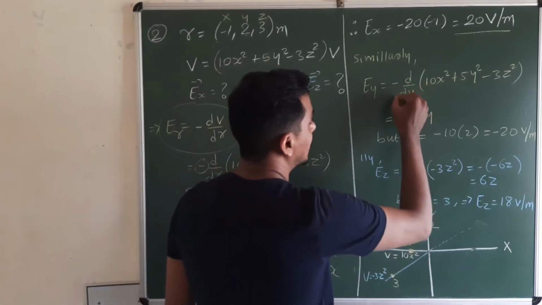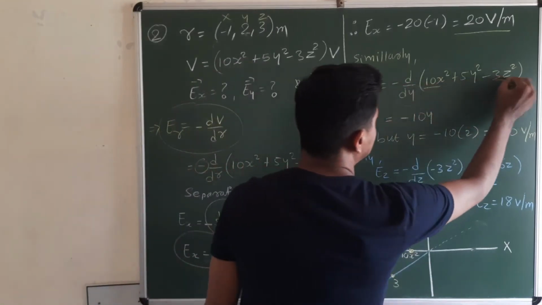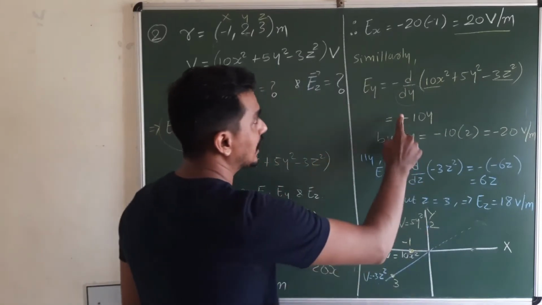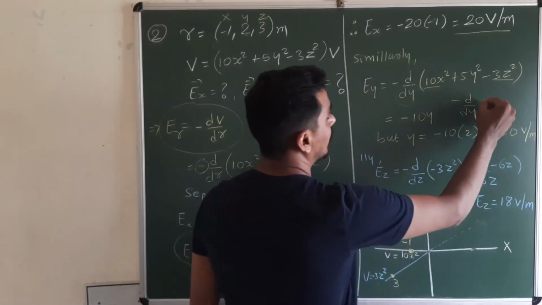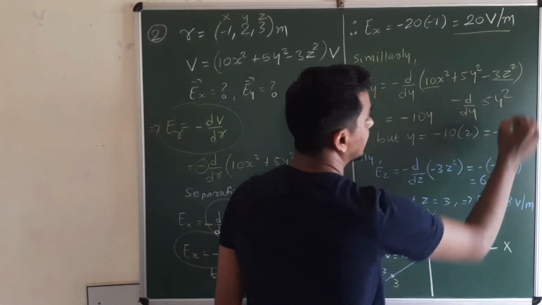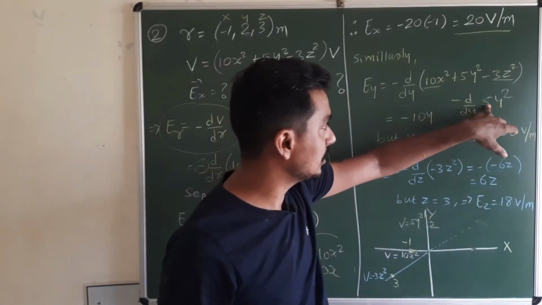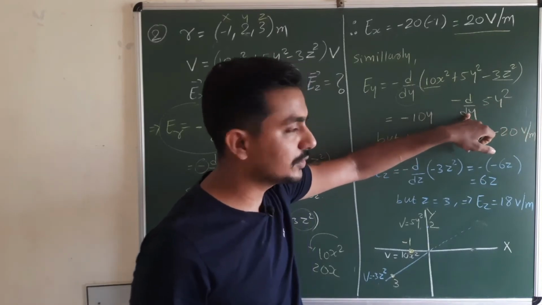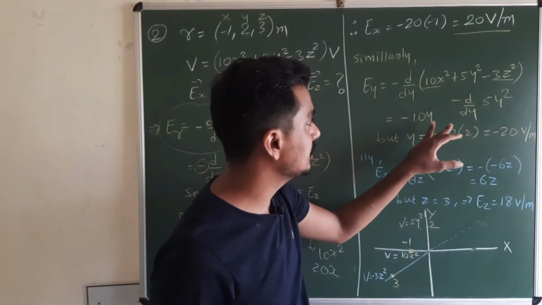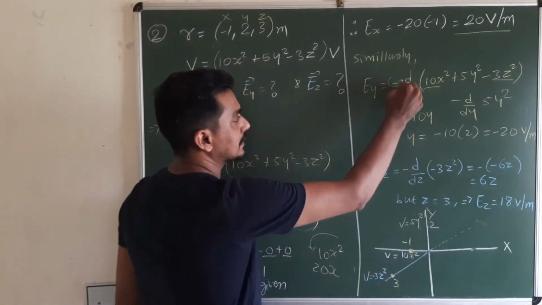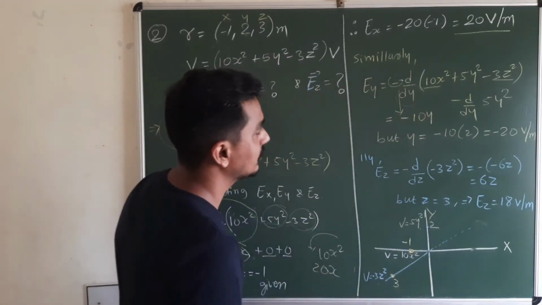Again here we have y, so differentiation of x and z will be 0. So we remain with -d by dy of 5y square. Now differentiation of y square with respect to y, we get 2 into 5, that is 10y, and the minus sign is there. So Ey is equal to -10y.